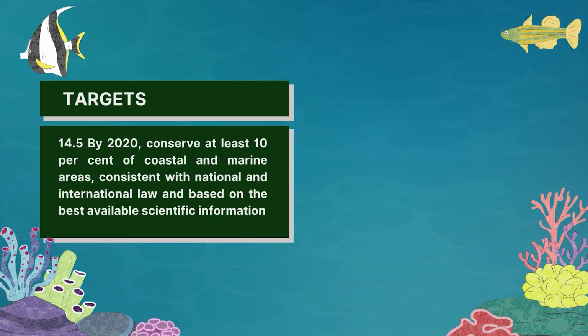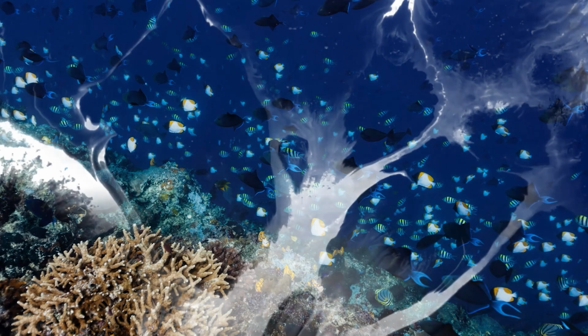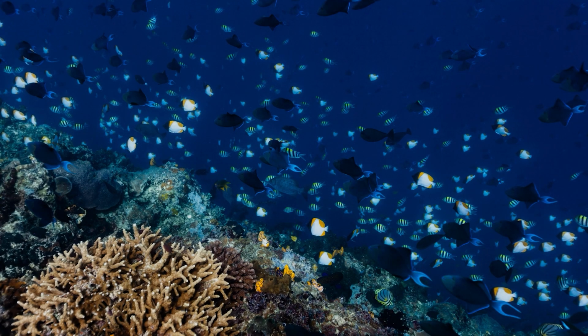At the same time, when you look at target number 5, conserving at least 10% of coastal and marine areas consistent with national and international law and based on the best available scientific information. One indicator that looks into this progress is coverage of protected areas in relation to marine areas. How much protection mechanism we are following, how much we are protecting.